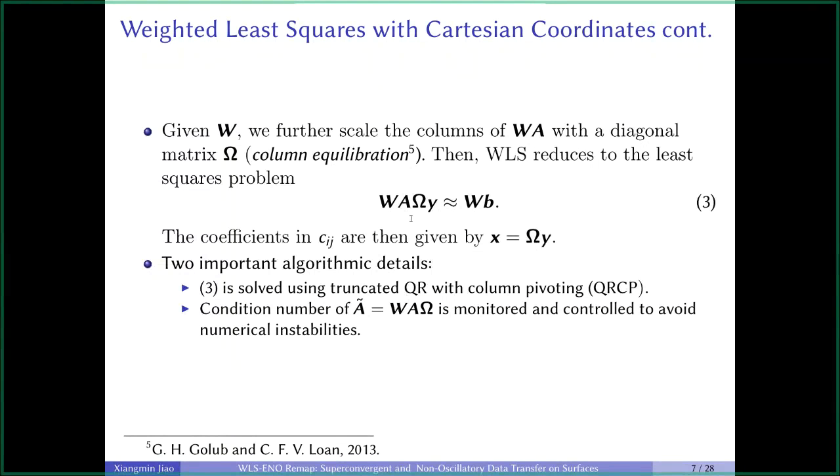Even with this scaling, it can still be ill-conditioned, and we use truncated QR with column pivoting to solve it. Basically, you truncate higher order terms automatically if the system is unstable. It monitors the condition number of this matrix A tilde, and it will remove terms by doing truncation, or if necessary, add more points to the matrix so that it's stable.